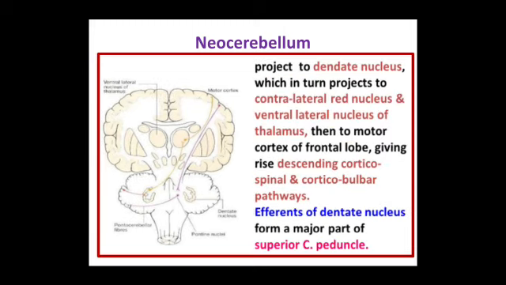It projects to the dentate nucleus, which in turn projects to the contralateral red nucleus and ventral lateral nucleus of the thalamus, then to the motor cortex of the frontal lobe, giving rise to descending corticospinal and corticobulbar pathways. Efferents of the dentate nucleus form a major part of the superior cerebellar peduncle.